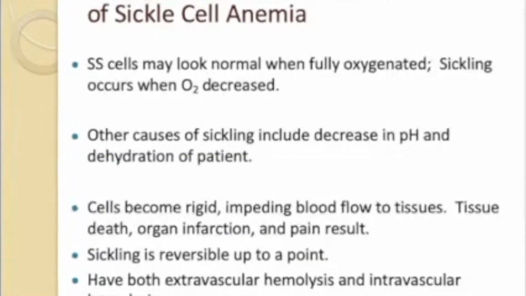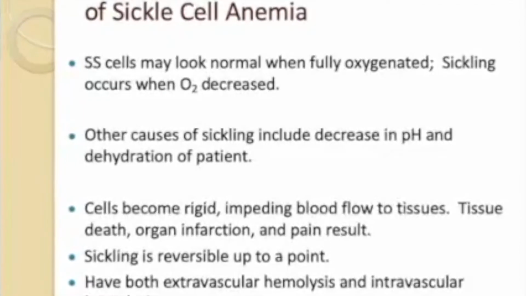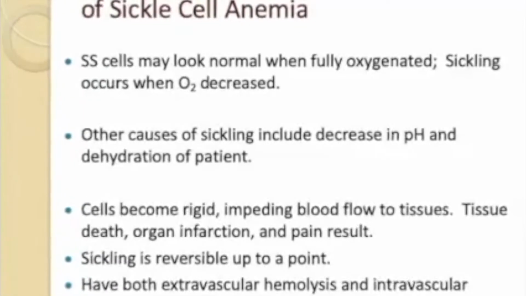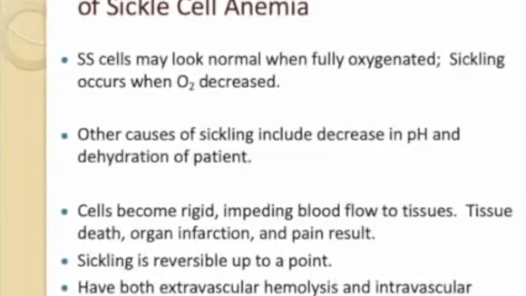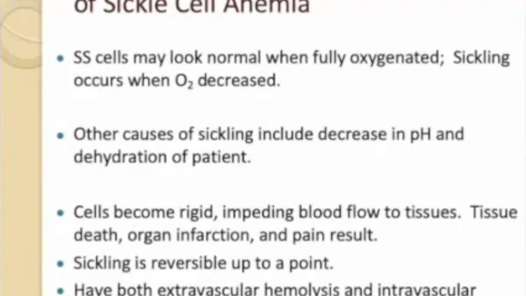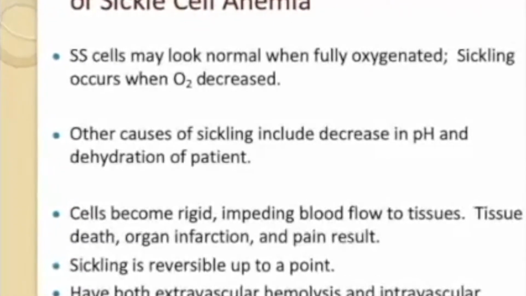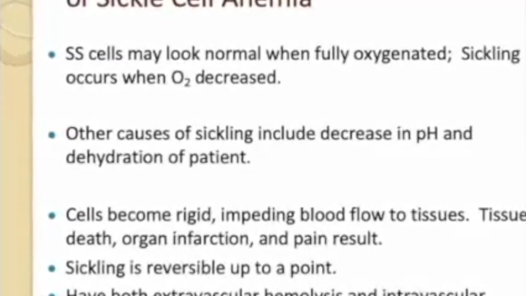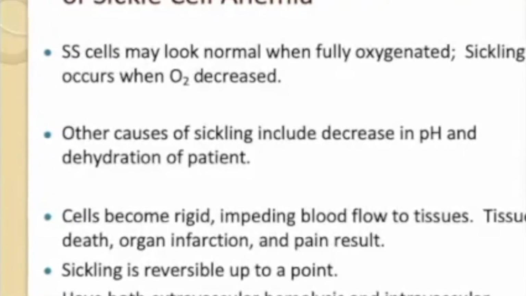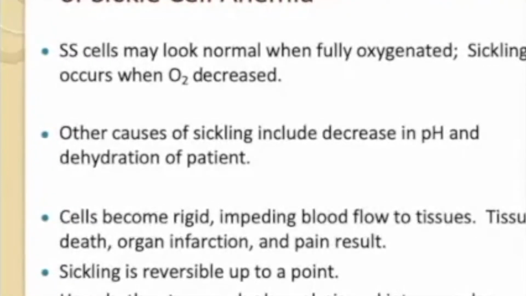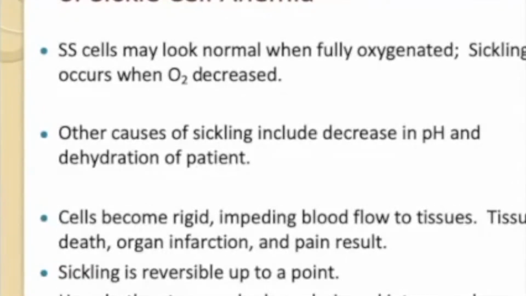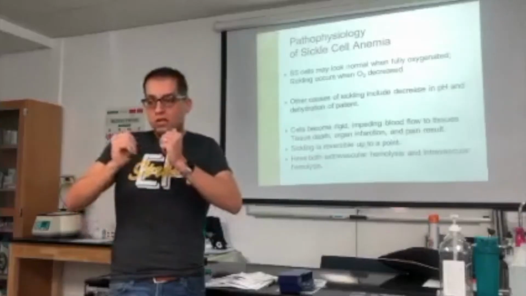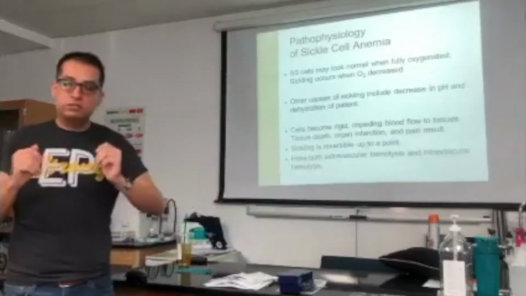Patients who are homozygous for sickle cell may look normal when they're fully oxygenated. What's interesting with these sickle cells is that they grab oxygen from the lungs and carry it to the tissues, and once they drop off that oxygen, they become deoxygenated. When it becomes deoxygenated, it crenates and loses its shape.